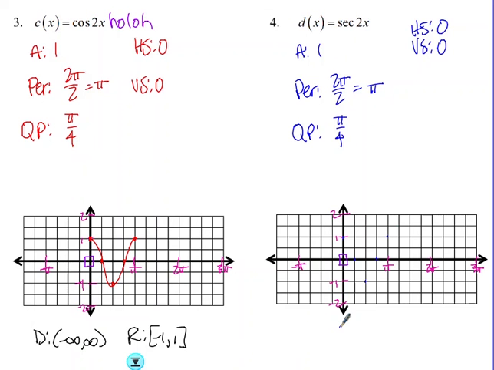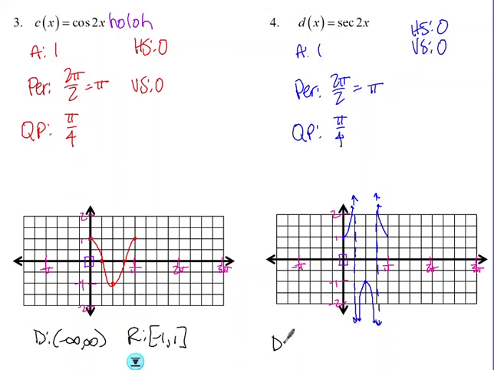To change it to a graph of secant, anywhere that I had a point on the x-axis, I'm going to make a vertical asymptote. And then from the other points, I draw the little U-shaped parts of the graph. So that would be my graph for secant 2x.